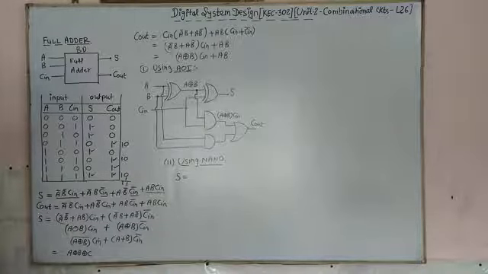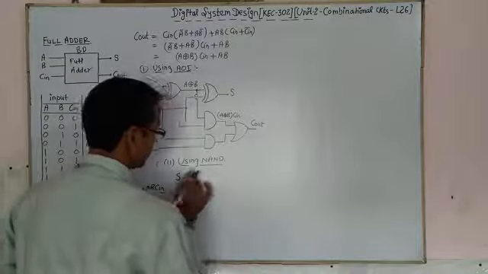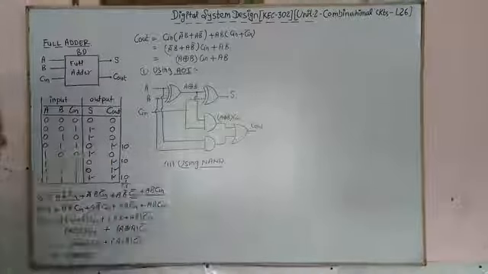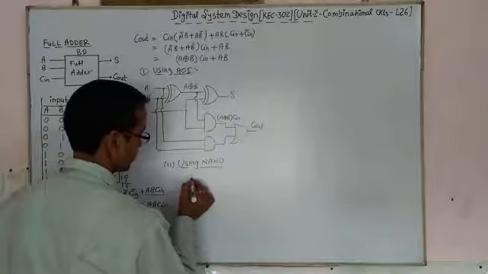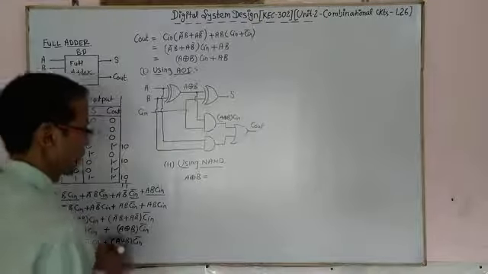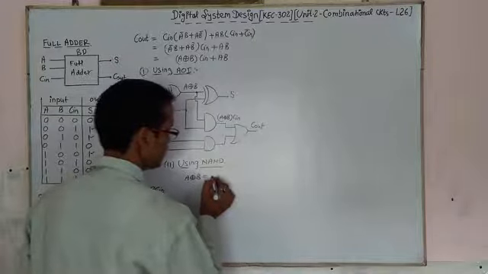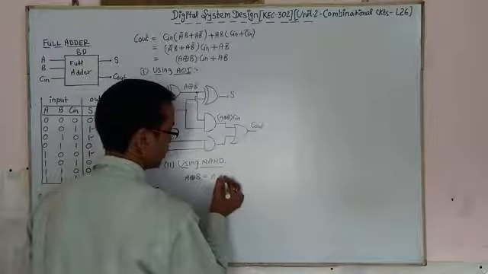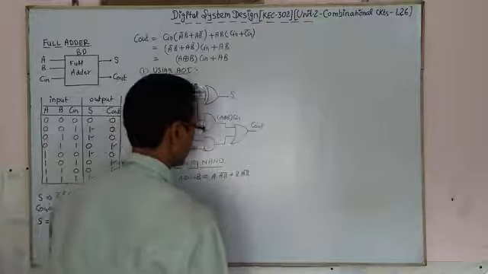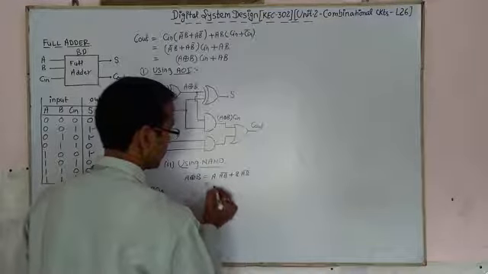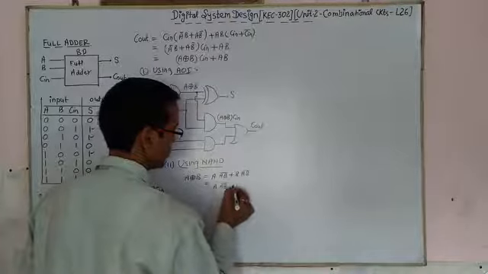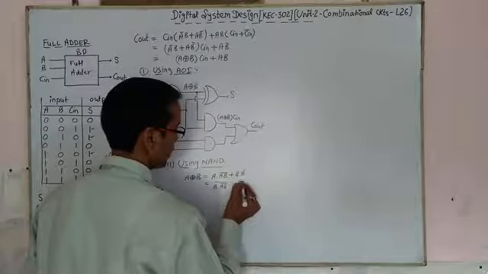Okay, so A XOR B means, what is A XOR B? In the previous lecture we have already discussed this A XOR B. What did you get? A dot (A B bar) plus B dot (A B bar), and you can write this as A into (A B bar) bar, B into (A B bar) bar.